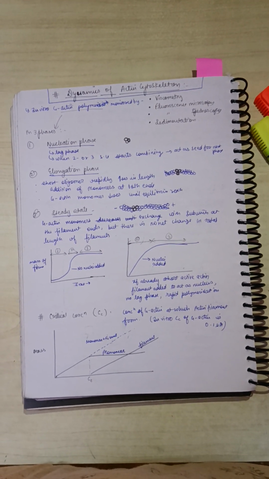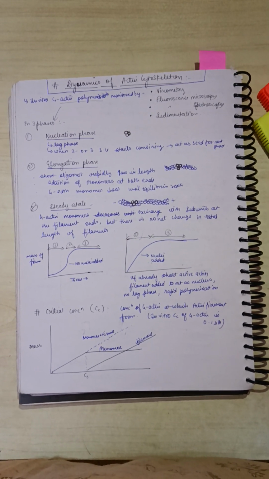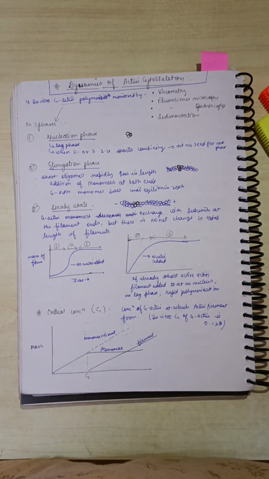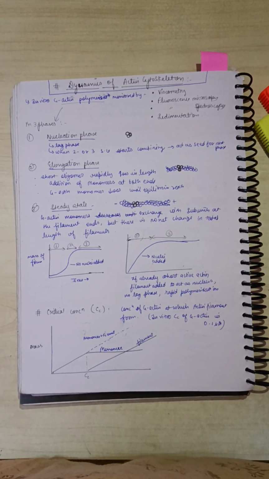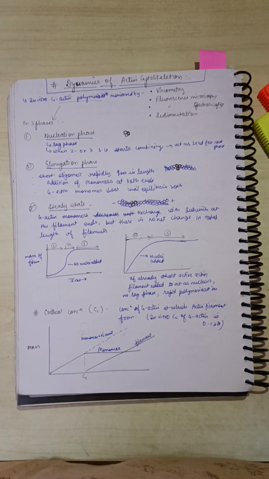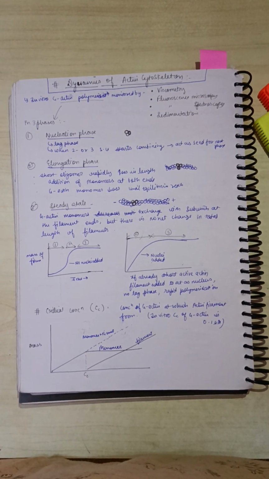Hi everyone, so today we are going to talk about the dynamics of the actin cytoskeleton. It's a very vast topic. In this video, we will cover a subtopic of this topic, that is G actin polymerization.